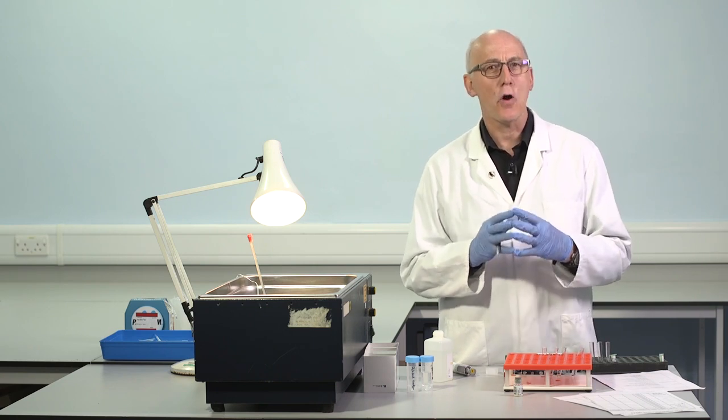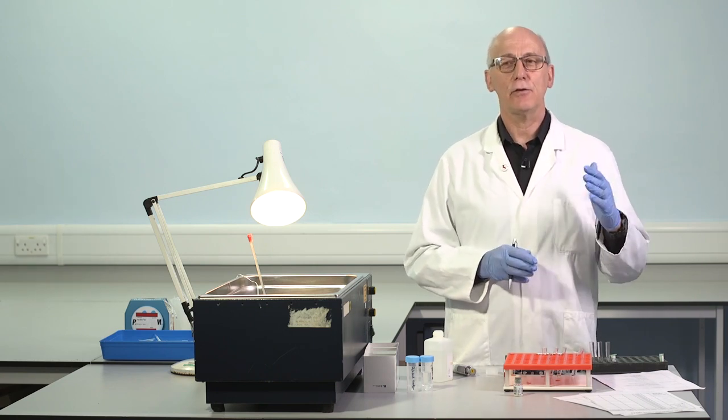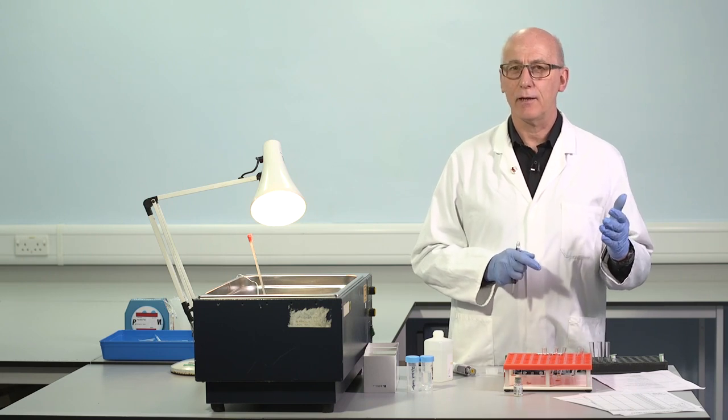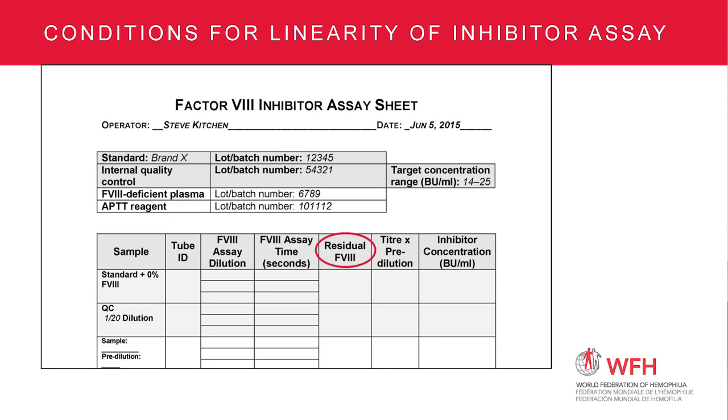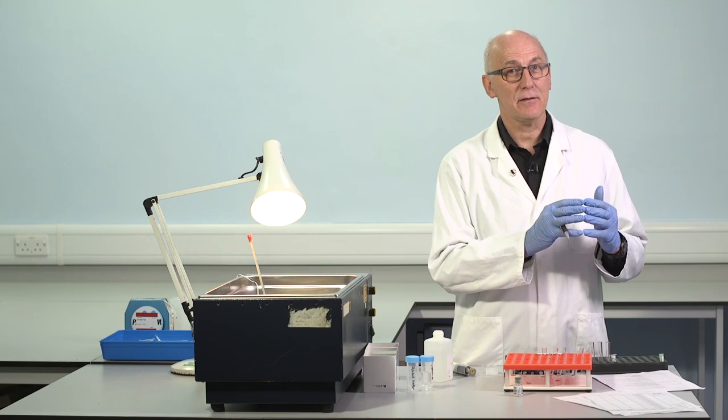I do not mean percentage, where it's used sometimes interchangeably, inappropriately, with international units per deciliter. We're talking about the residual factor VIII in the patient mixtures relative to the control mixture, where we take the control mixture as our 100% point of reference. Whatever remains in the control mixture, we consider 100% residual. It's not exactly the same place it started.